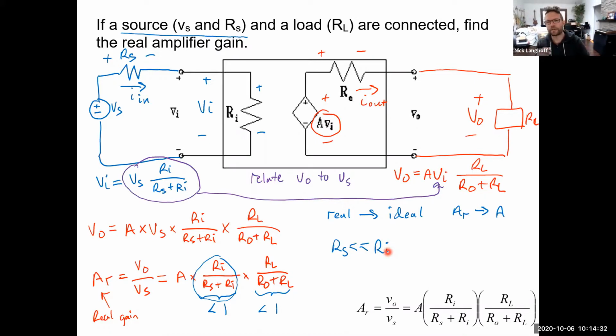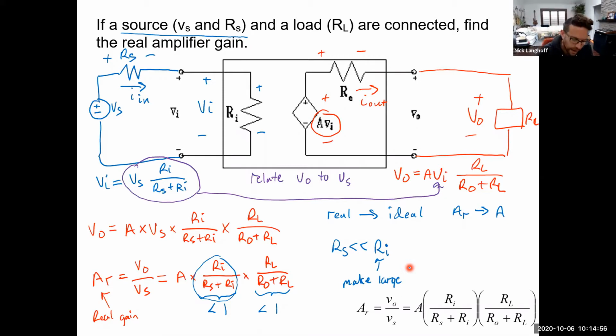Now, the source resistance might be different for a lot of different sources. So one strategy to make this amplifier work with lots of different sources is to make this large. Make the input resistance super big.